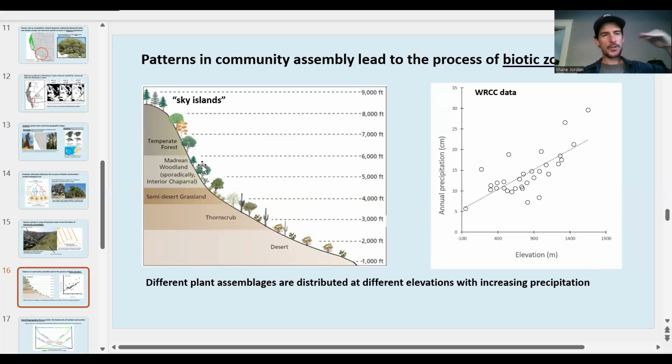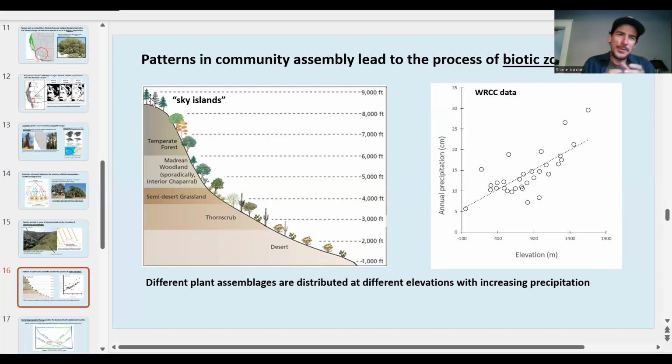And as one goes higher up this mountain slope, the environment is able to support species that are receiving higher amounts of rainfall. And this situation often leads to the formation of these things we call sky islands. So at the very tops of certain mountains, particularly here in the southwestern United States, there are biotic communities that are really, really different from the biotic communities that surround them.